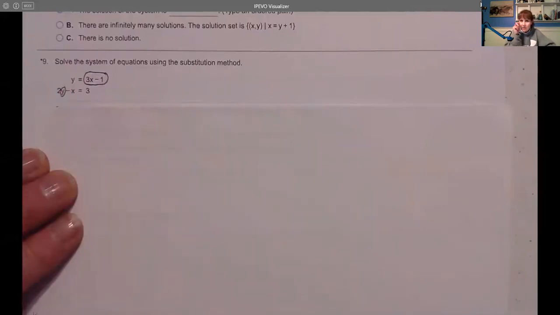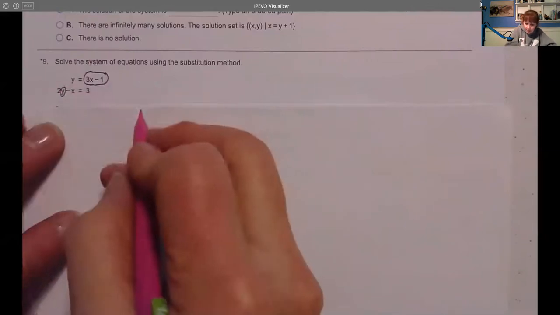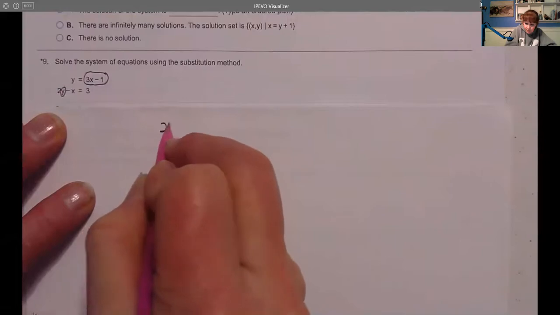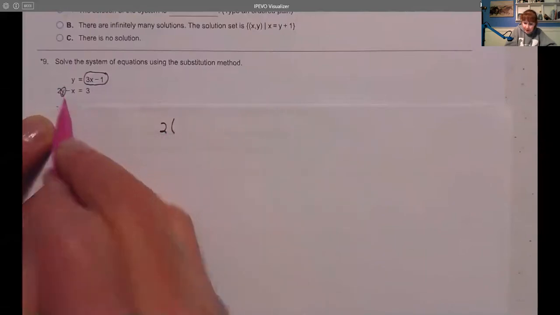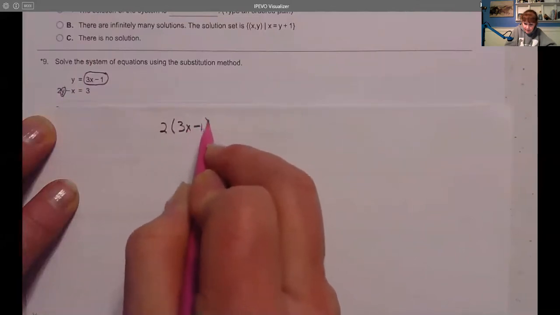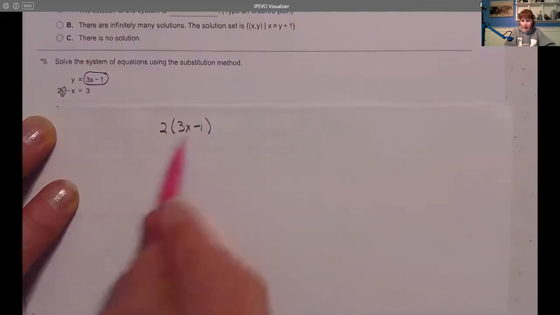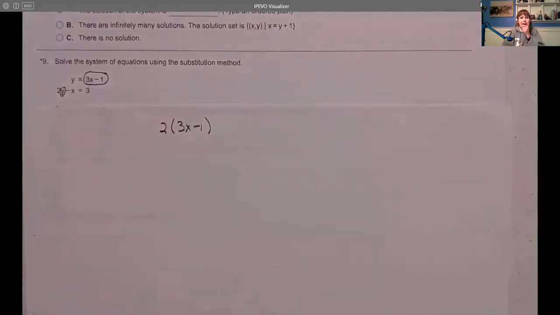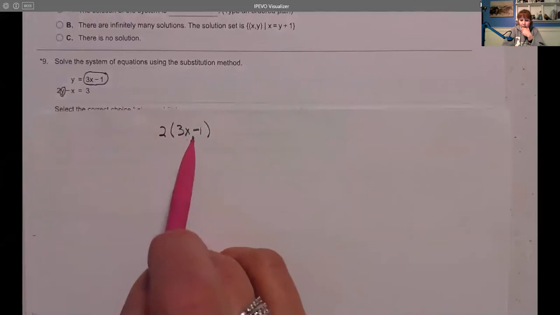The problem is that 2. What do you do with that 2 in front of the y? Well, here you would go 2, and you have to have parentheses. You put what the y is now. That's how that's written, 2y. You do have to have the parentheses. That's how that's handled. So you will be using the distributive property here.